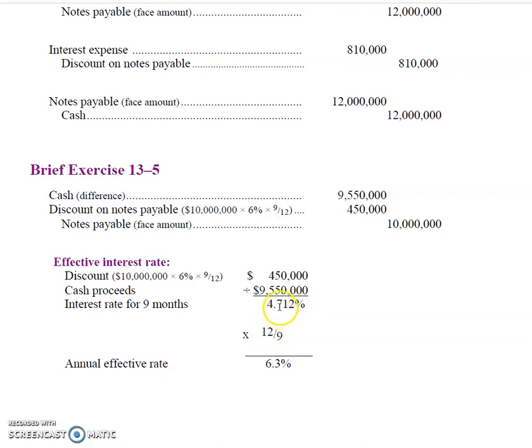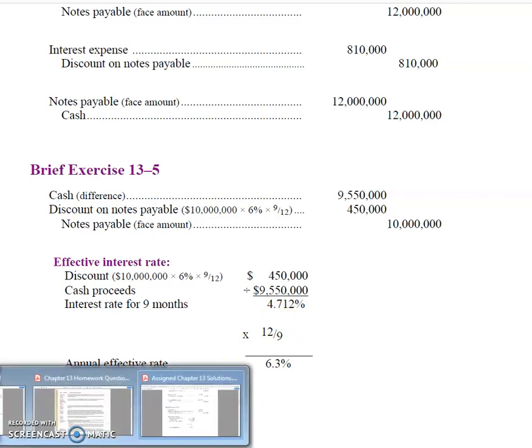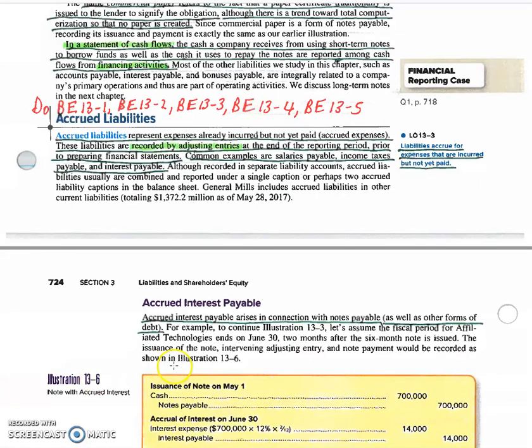So multiplying it times 12/9 gets us to that annual interest rate, which comes in at 6.3%. So even though the discount rate was 6%, our effective interest rate is 6.3%. Okay, that gets us through those homework problems.